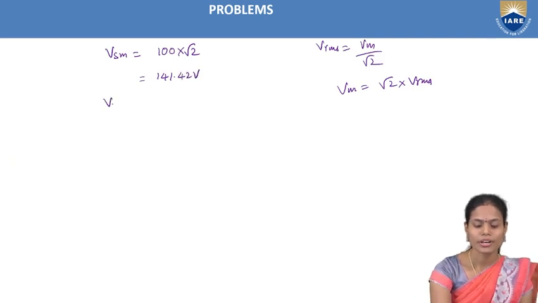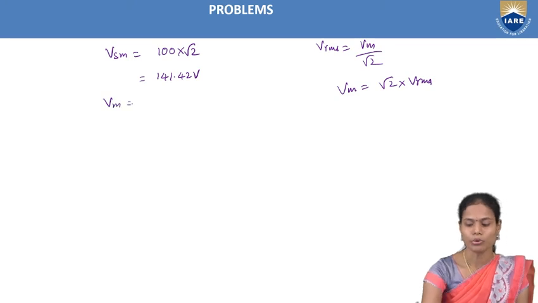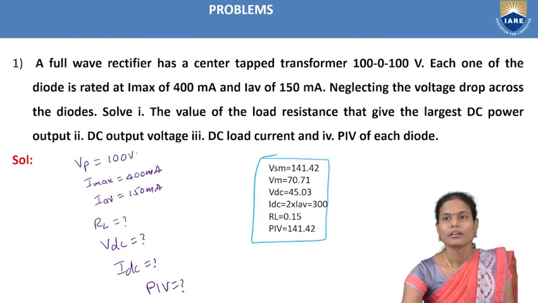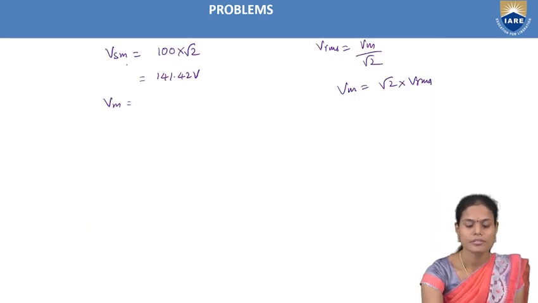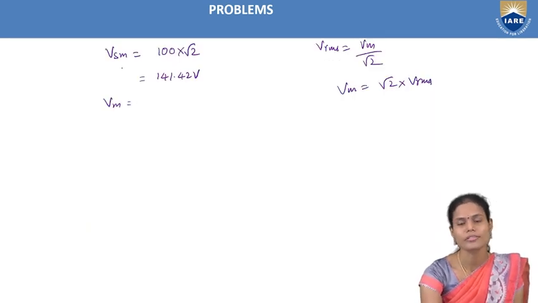And next we need to find the maximum voltage. Here, because of the center tap transformer, this is the secondary maximum voltage. But in the case of a center tap transformer, the secondary winding is divided into two halves.